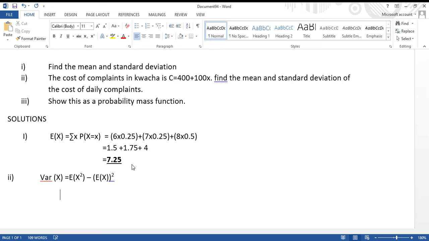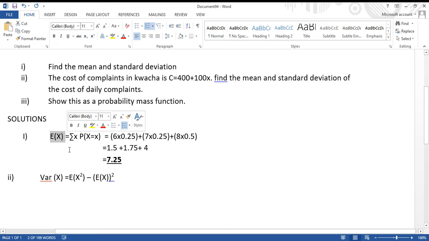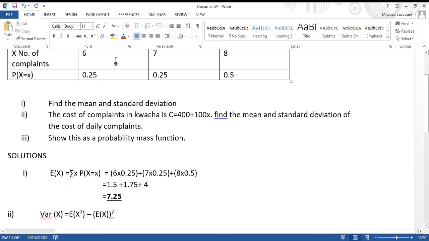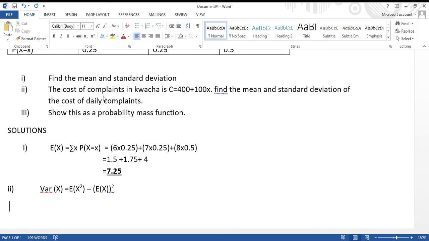Right, so this x squared is the same as getting our expected value. The only difference is our random variable x, we are going to square it. We're going to square our random variable x and then multiply it by its attached probability. All right, so this formula can be simplified to this.